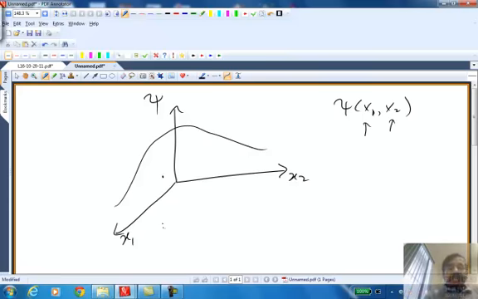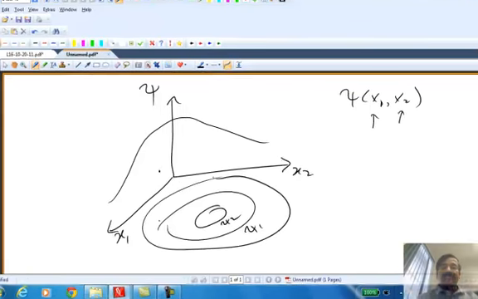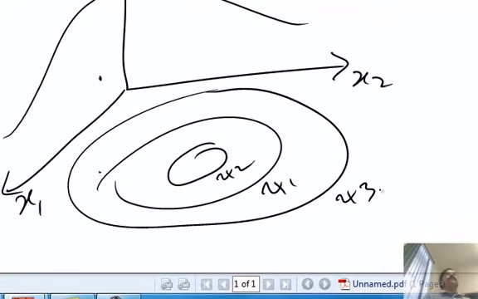On the xy plane, I drew a line, and I said that is a contour of a constant stream function. I can have many such contours, for example psi 2 and psi 3, etc. Each curve is a curve on which the value of psi is a constant. How would I get that?